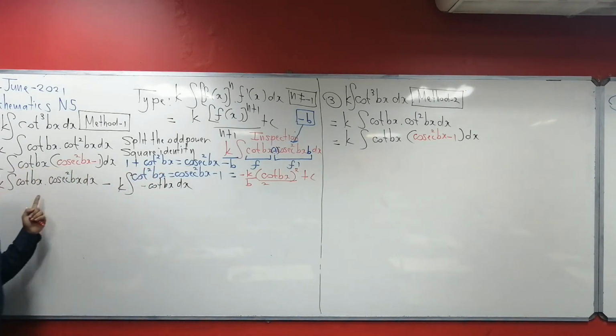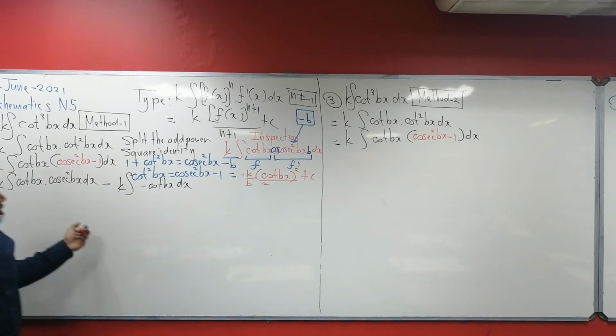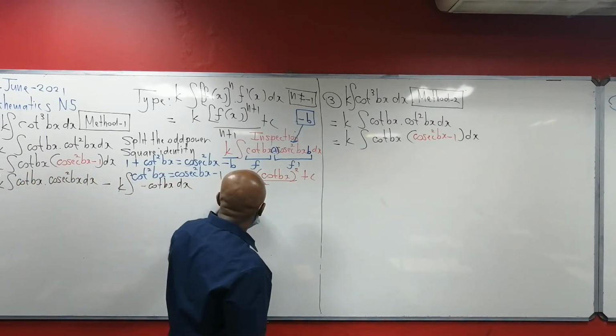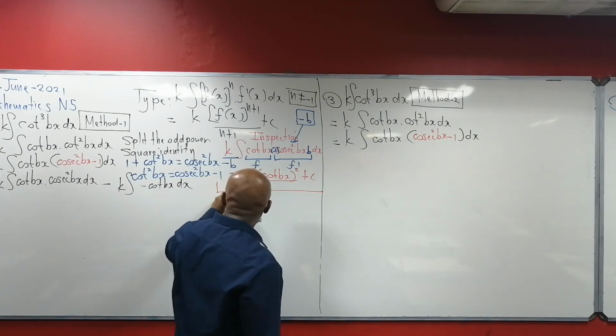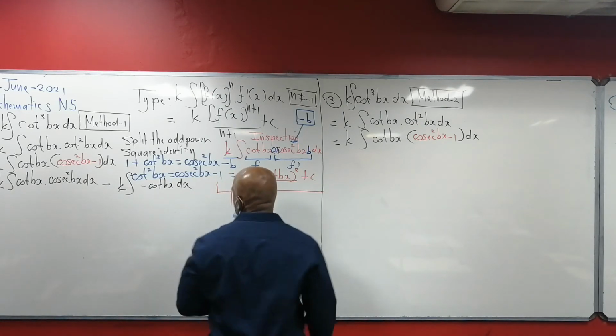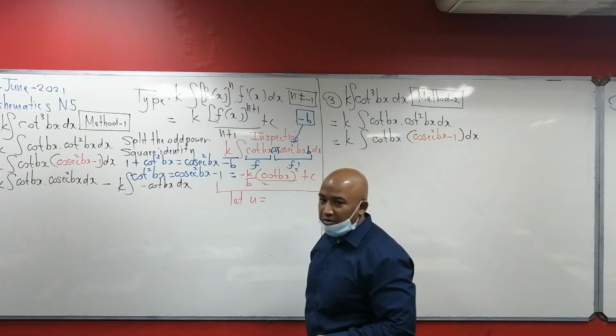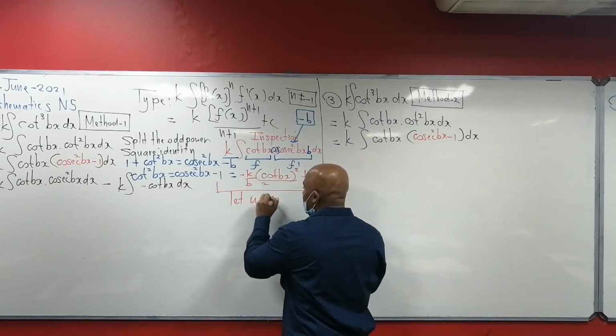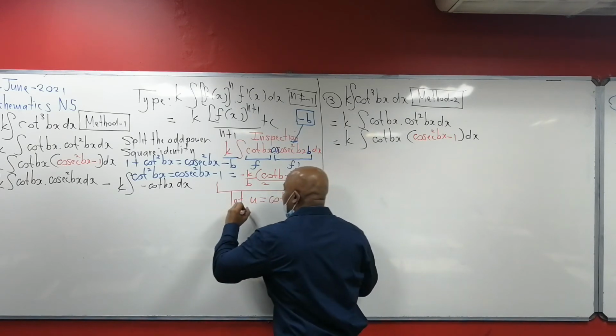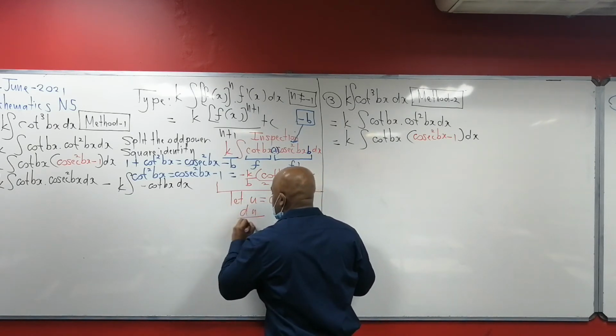Alright, so by u substitution, what am I going to do? I would say let's keep this one side here. So I'll let u equal to what? Always let u equal to f, which is cot, and then du over dx.